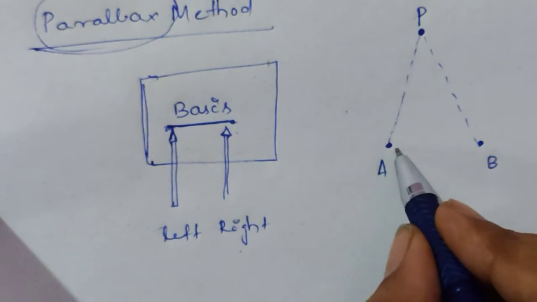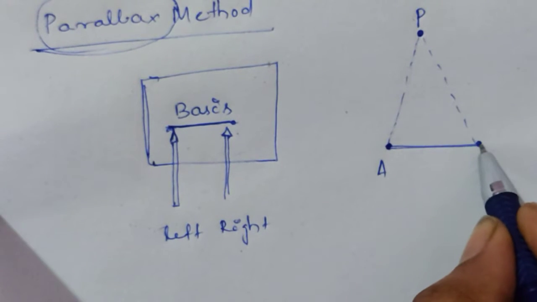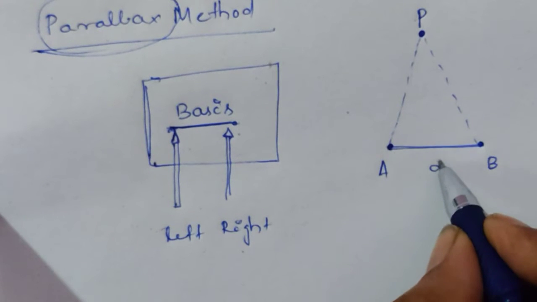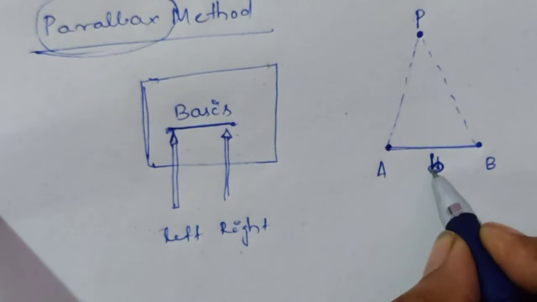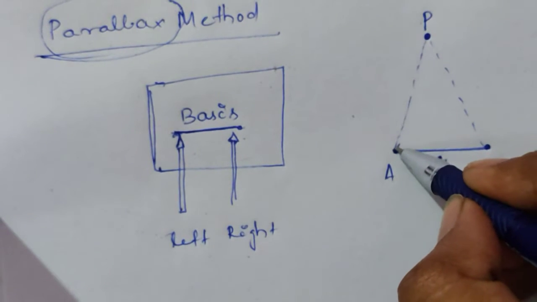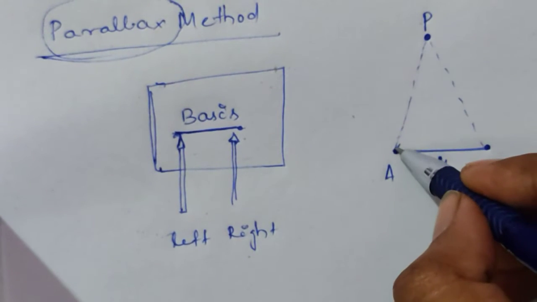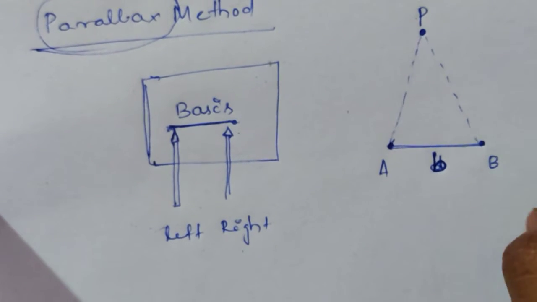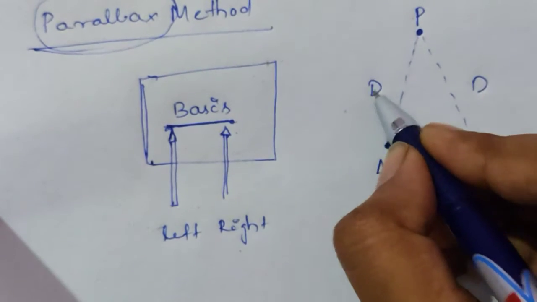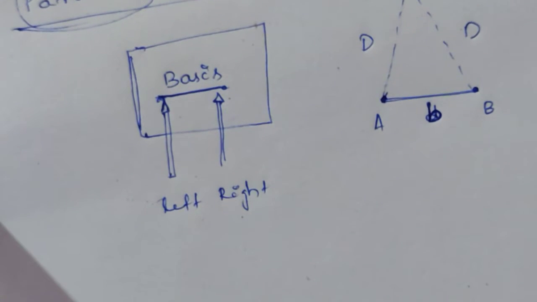This distance will be known as the basis. Let it be b. And the distance between the planet and the observer, let it be D. Clear everyone?